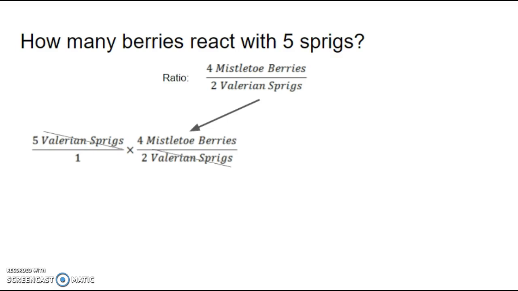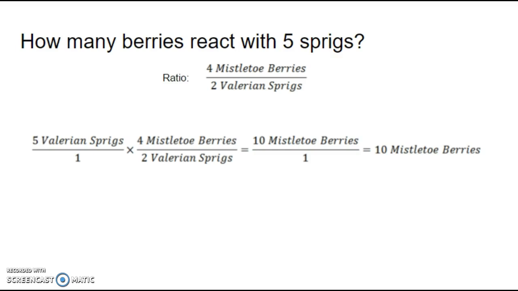We notice that we can cancel out those units, so we can cancel out valerian sprigs in our numerator and valerian sprigs in our denominator. What will our final answer be and the units for that final answer? I'll give us a moment to write that down. So our final answer will be 10 mistletoe berries. Since the valerian sprigs got canceled out as units, our units are just the berries. So we need 10 mistletoe berries to react with 5 sprigs.